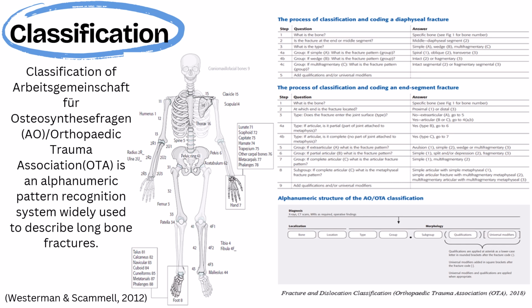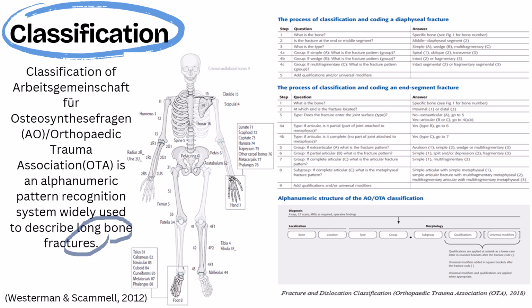This slide will explain about the classification from the Orthopedic Trauma Association, an alphanumeric pattern recognition system widely used to describe long bone fracture. So this classification is only for long bone fracture.